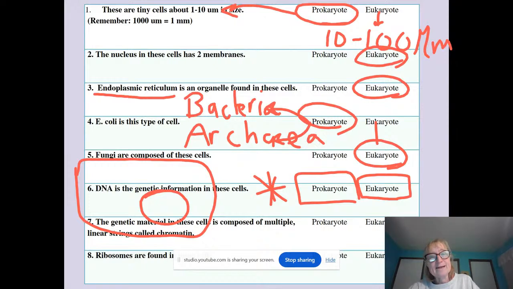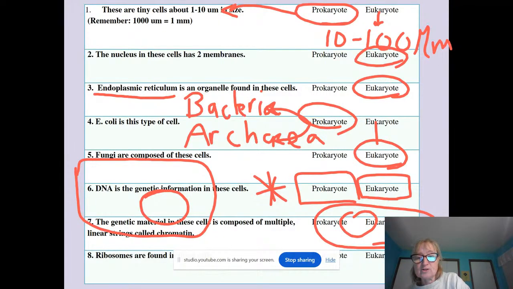Eukaryotes, on the other hand, have multiple linear strings of their DNA, and actually DNA and proteins together are called chromatin. These stringy masses, so if we draw a eukaryotic cell, there's all sorts of stringy chromatin inside the nucleus. There are multiple strands of chromatin in each cell, and the number of strands depends upon the species.